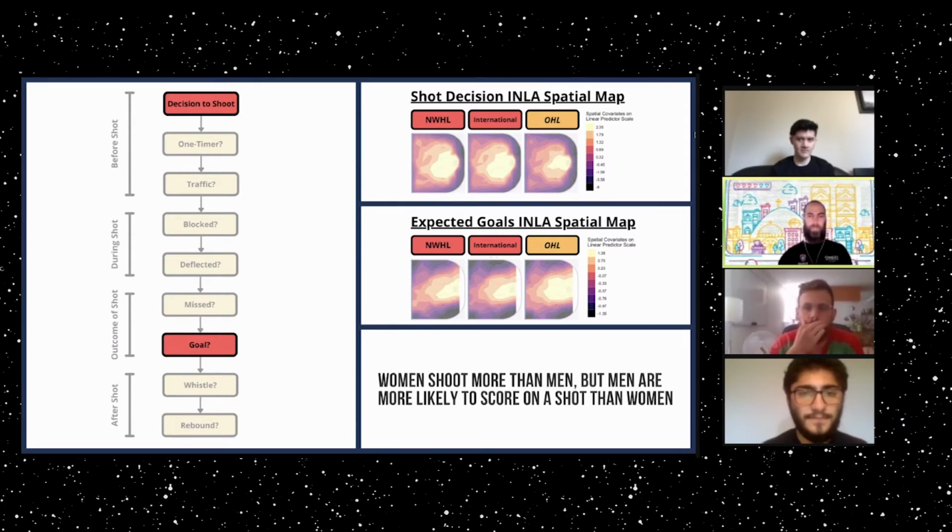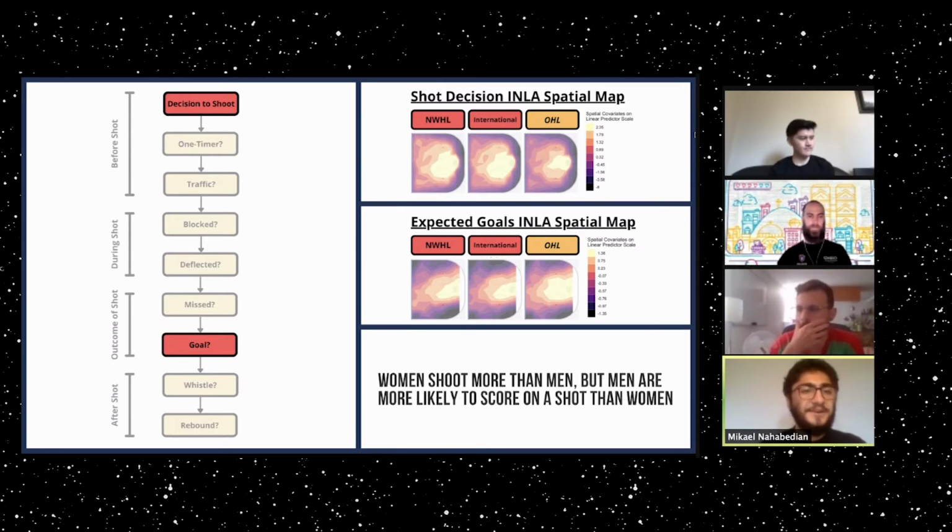Some might think it's because of shooting talent, but the real answer to that question, or at least part of the answer, is not shooting talent. It's actually the opposite of that. In women's hockey, it's all about goaltending talent.